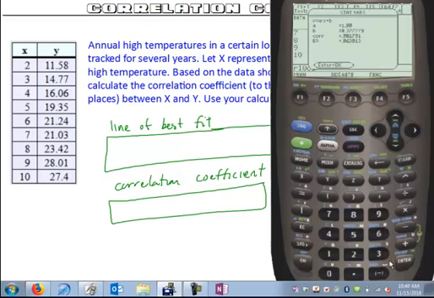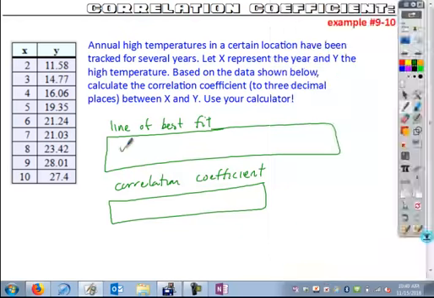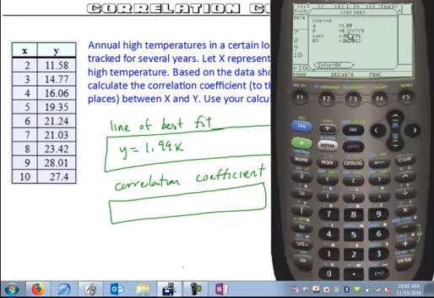So my option right now is I can either write out my equation based on this. Okay. So here I have 1.99x. So my equation is going to be y equals 1.99x, and then my b value, my y-intercept, is 8.38 if I round to 2 decimal places.